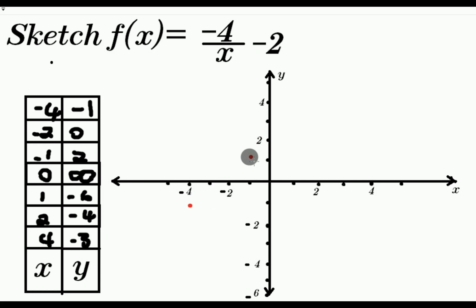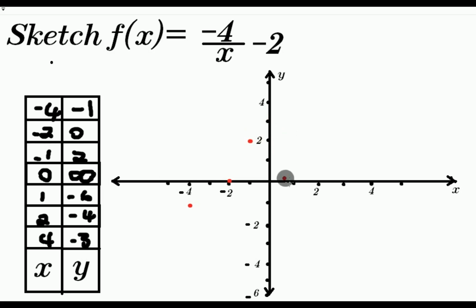So minus 4 and minus 1, then minus 2 and 0, it's going to be here. And minus 1 and 2 is going to be here.